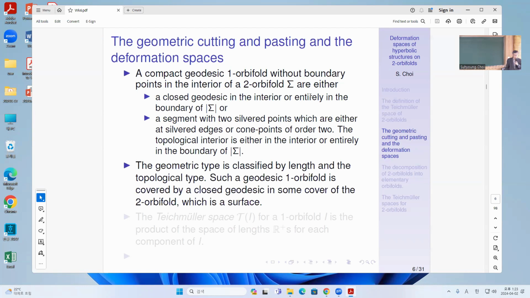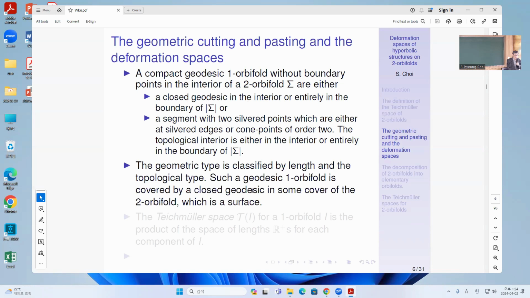So what's the isotopy class of that segment or closed curve in the underlying space, and what's the length? Such a one-orbifold is classified by the length and whether it is a closed geodesic or a segment with two silvered points.